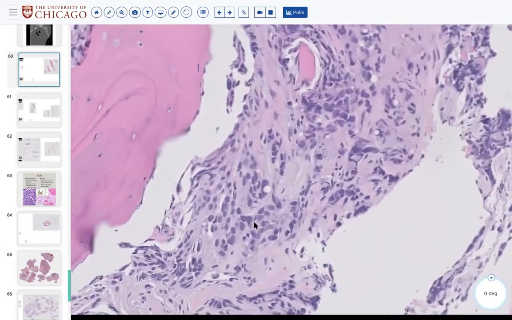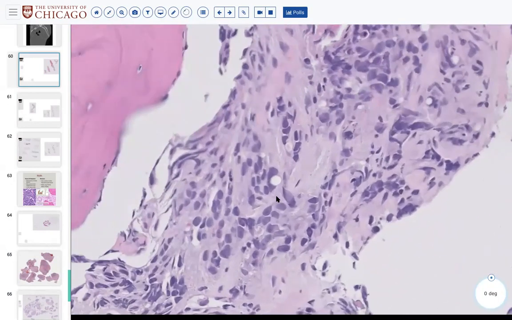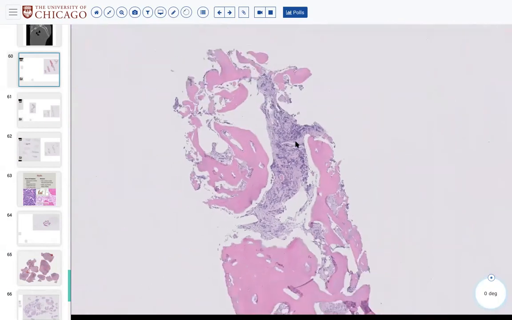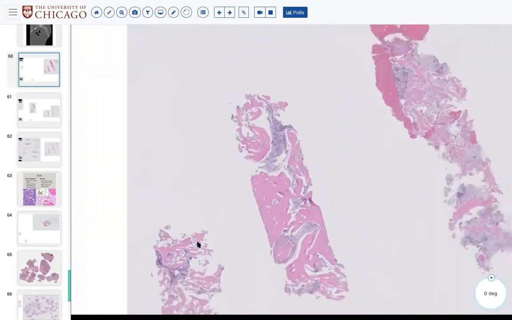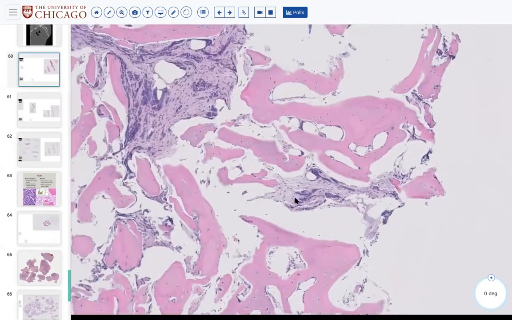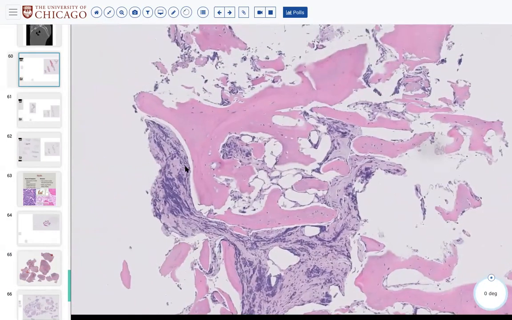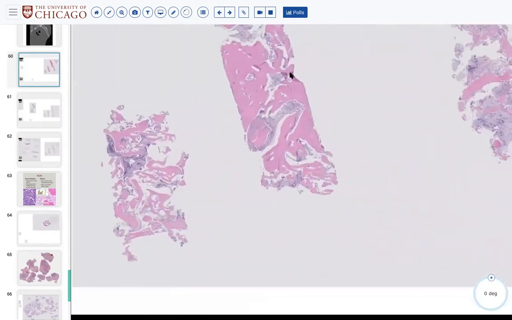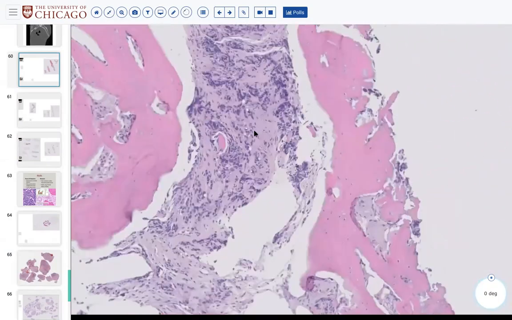These cells look epithelial, and if you go higher power, they do look pleomorphic. At this point, I would look up the history of the patient, specifically for a prostate cancer history. So I would do a PSA, and I think this is a Mets from prostate cancer.